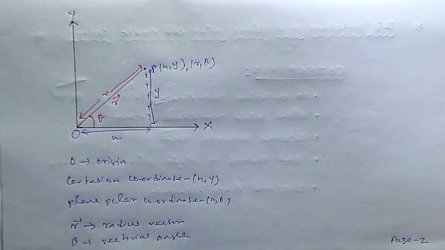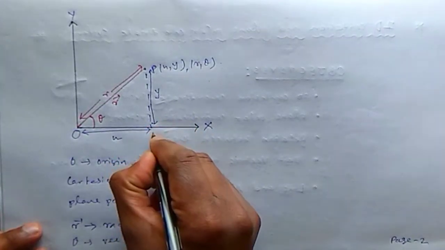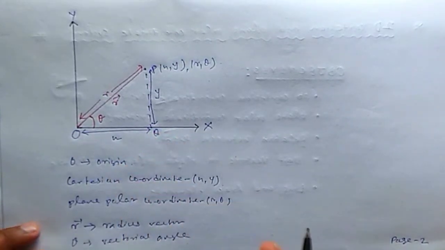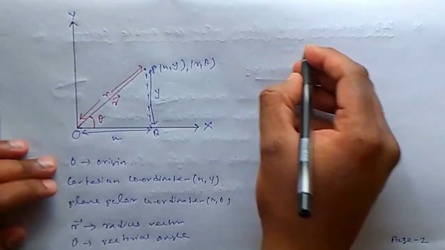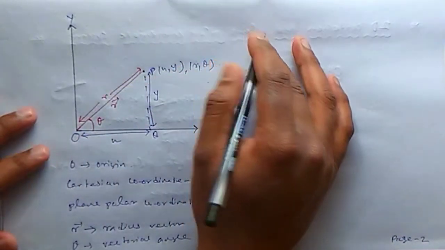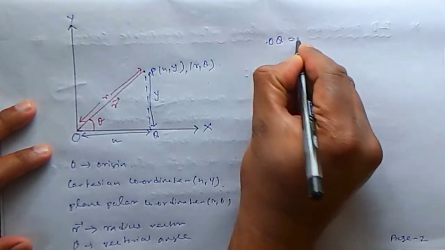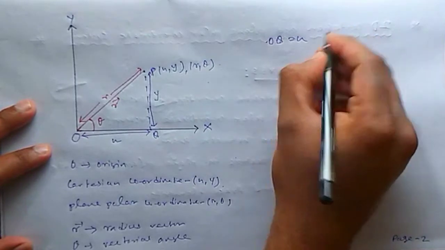Now let's see the relation between these two coordinates, x, y and r, theta. Name this point as Q. From the figure we see clearly OQ is equal to x.